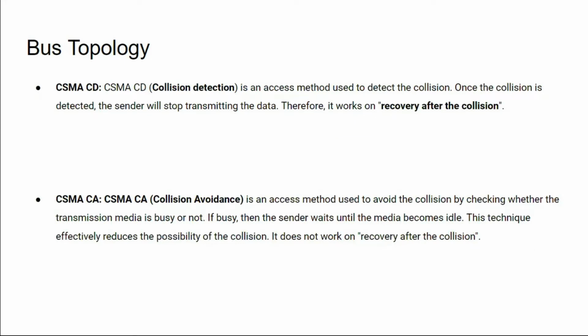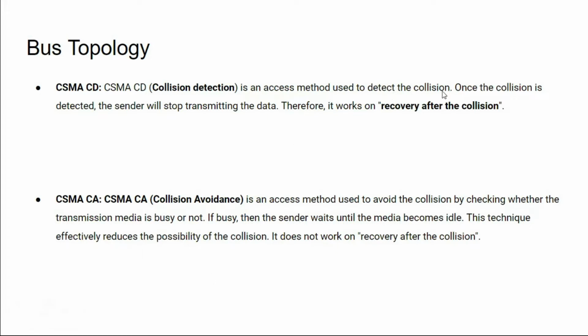Especially in the bus topology, we may encounter some collisions because if a network has 10 nodes, that is 10 computers in a single lane, all 10 might try to receive and send information at the same time. That may end up in collisions. To handle that, we use the CSMA collision detection method and the collision avoidance method.